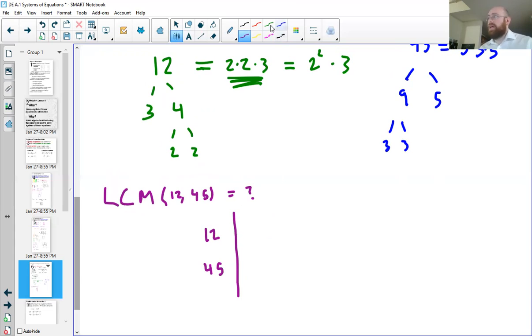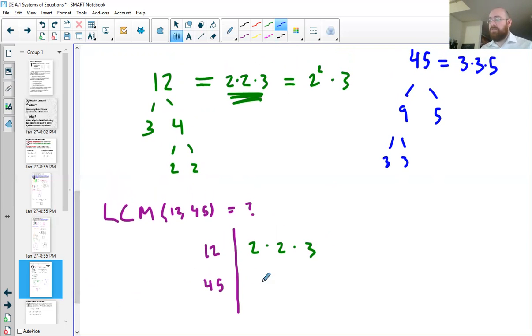The prime factors of 12 are 2 times 2 times 3. And now I'm going to write the prime factors of 45, and I'm going to line up all of the numbers that are the same. So notice that they both have a 3. So when I write the prime factors of 45, one of our 3's is going to be stacked on top of each other. So we'll have 3 times 3 times 5. If there were more numbers in common, I would just stack them as well.